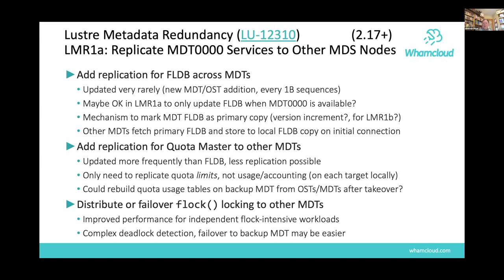But maybe it should be possible to run it primarily on a different MDT, mainly because MDT0 is already doing a bunch of things. And having it just pick up on any MDT that's available, or MDS, I should say, really allows distribution of the workload.